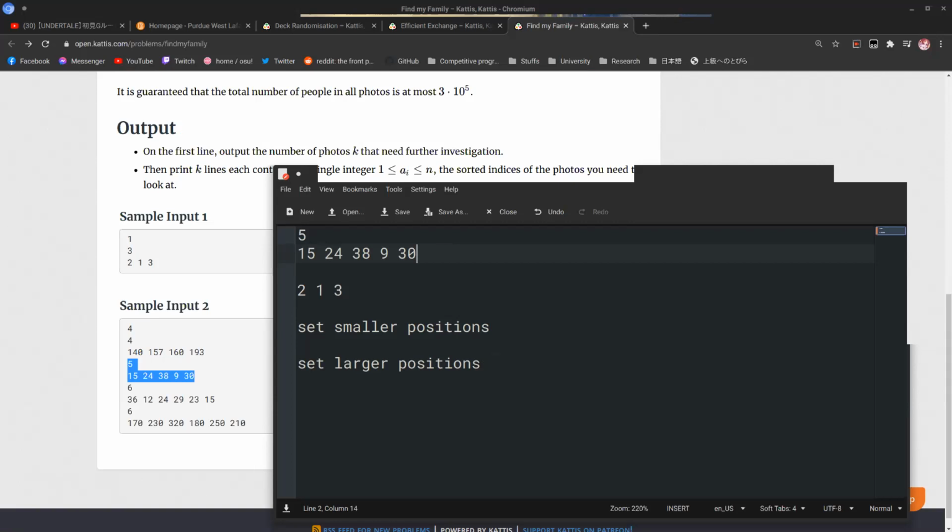So my solution actually doesn't use any data structure. Well, it uses a vector. Essentially, I'm scanning from the left and maintaining information.